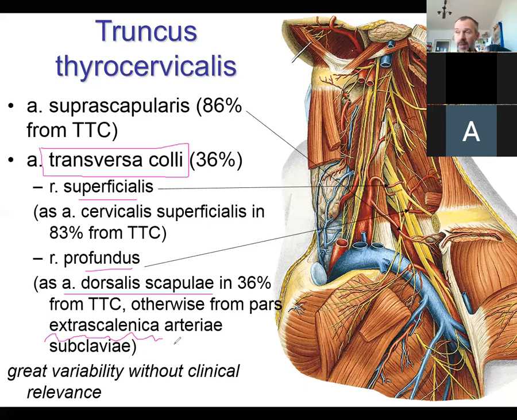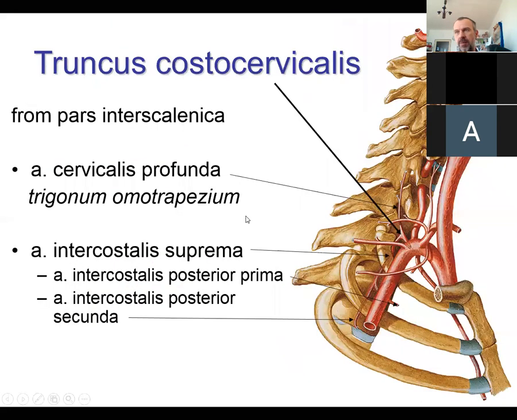In some patients, you have the cervical transverse artery with 2 branches, superficial and deep. In some patients, you have only the superficial branch present. So sometimes it's called superficial cervical artery in some books. And the deep branch, then called the dorsal scapular artery, is branched off from the extrascalenic part. Yeah, so this is quite variable.